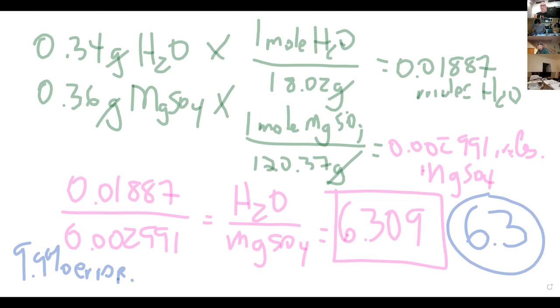So you can see that we didn't get quite to 7. We got pretty close, but we didn't get quite to 7. So maybe a little more heating, or maybe if we'd broken up those larger crystals, we would have gotten closer, or even if we'd left it longer.